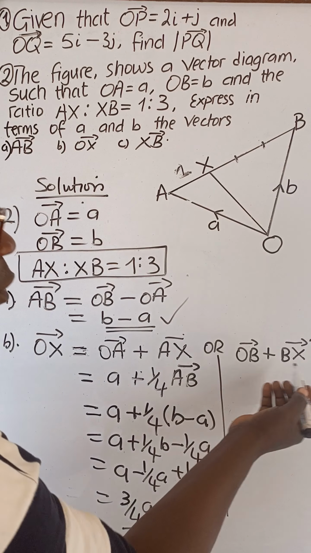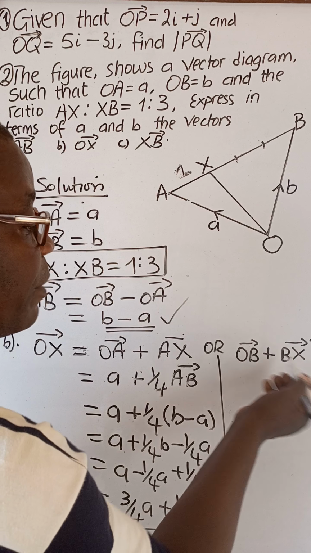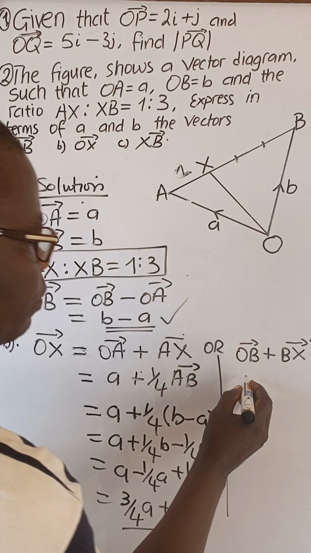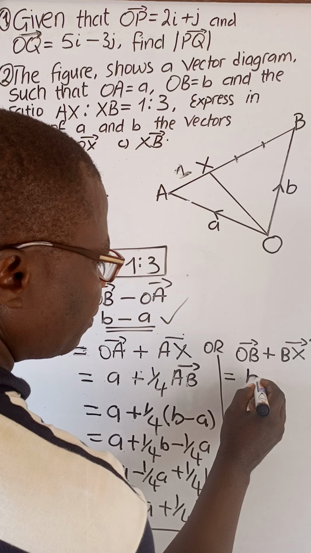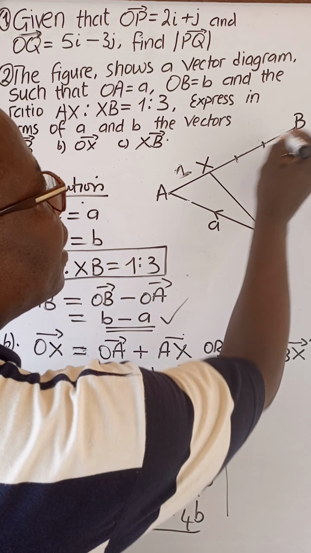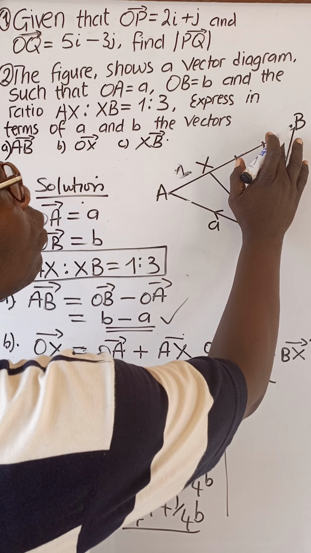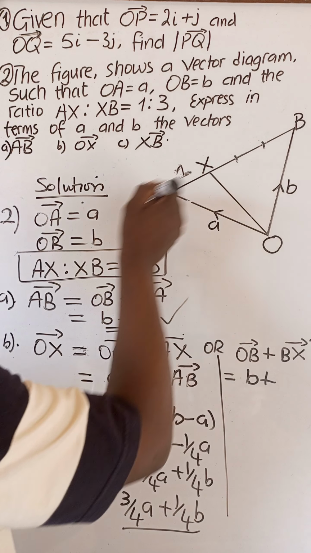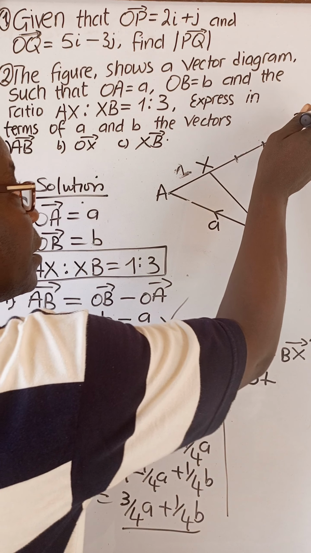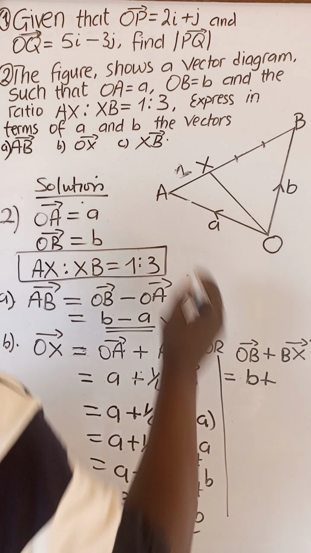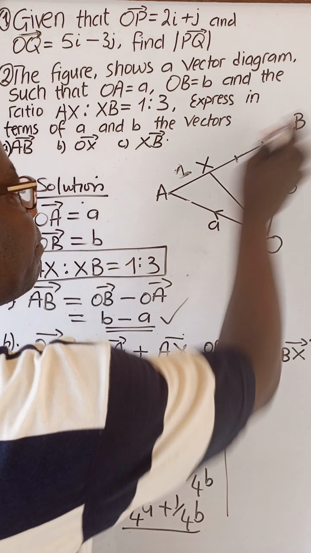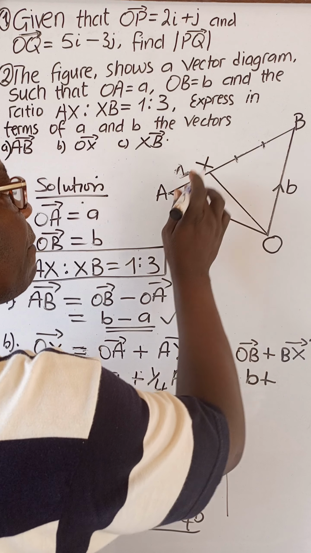Now, if you had chosen this other route, this displacement OB, again, we have the carrier vector OB. This will just be small b plus BX. Now, look at BX. BX is 1, 2, 3 parts of BA. Pay attention, we're moving now this way. It's no more AB, it is BA. BA is 1, 2, 3, 4 parts.